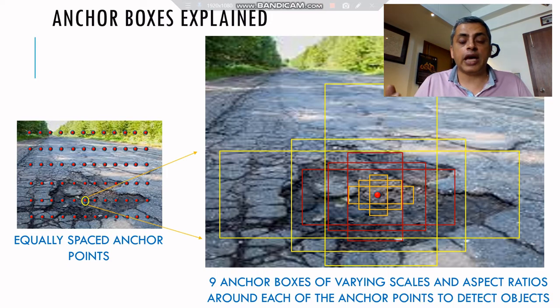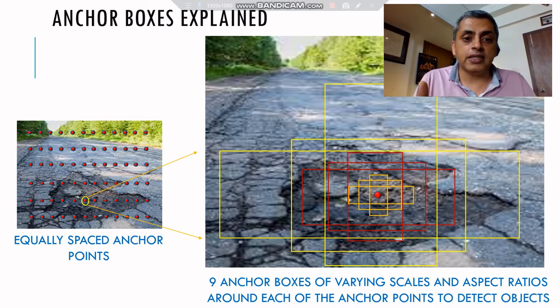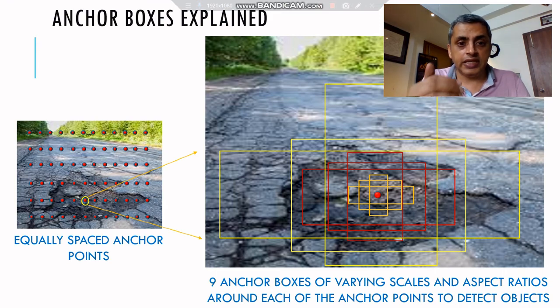Even if you have a lot of these anchor boxes, you will again have a lot of different objects detected. For the algorithm to have efficiency in speed superior to earlier methods like selective search, you had to reduce the number of anchor boxes, or the number of objects. That is what another innovation did, which we will see in the next slide.